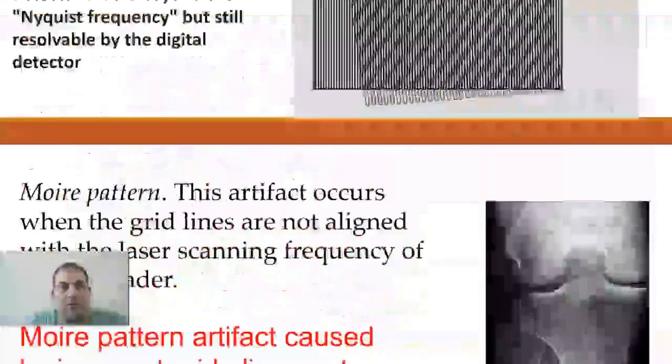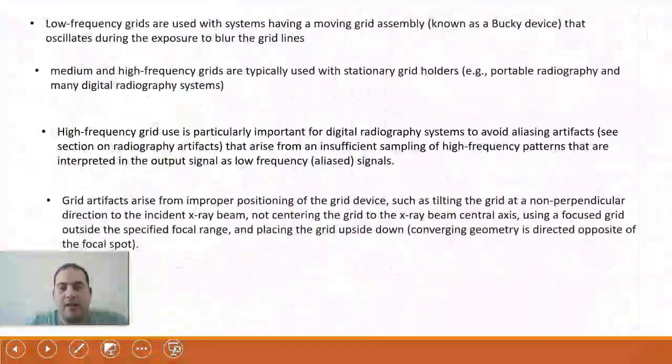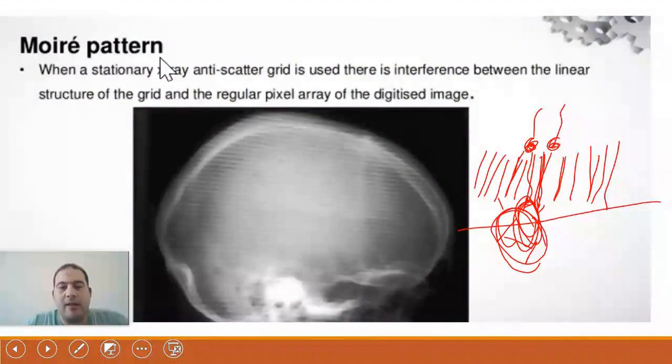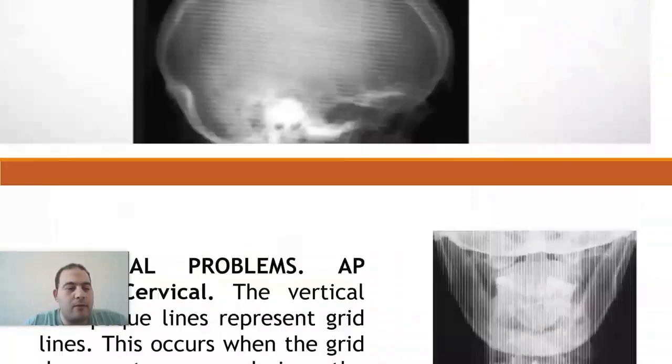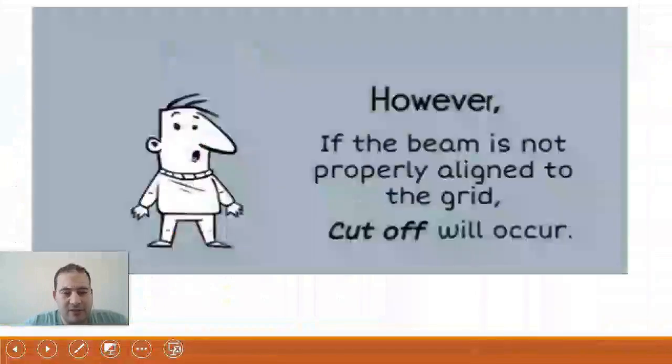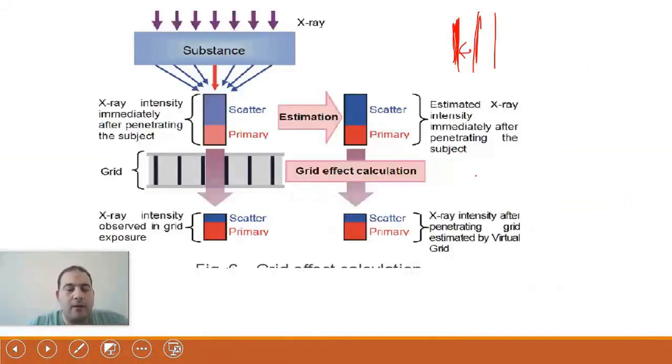He creates a ratio between the scatter and primary radiation and observes how thickness affects this relationship. Then he updates this, and through the software, he begins to process and improve the scatter. Of course, this is much better to avoid the issue of anti-scatter grid artifacts.